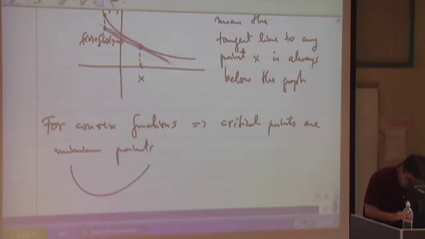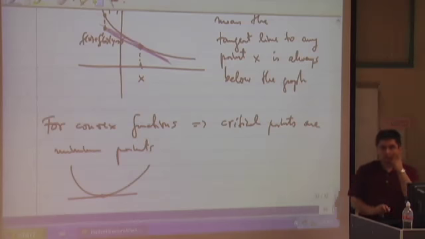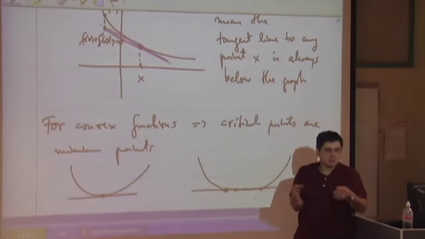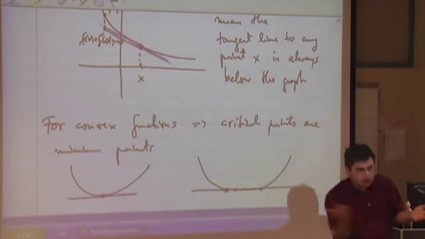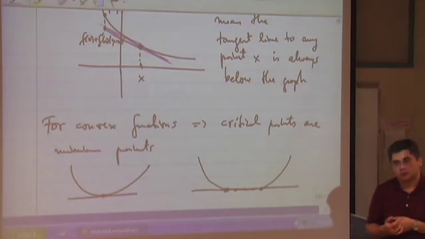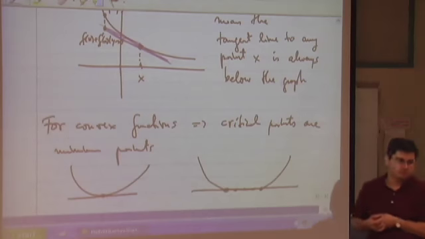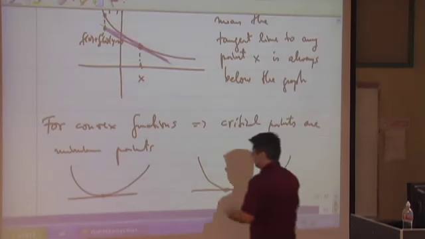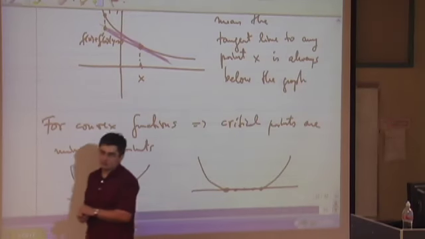Either you have it like this, in which case there's a unique critical point and that's a minimum, or it could happen that you have it like this, in which case you have, of course, multiple critical points, multiple minimum points, but only one minimum value. Right? And this is true for basically any dimensions.